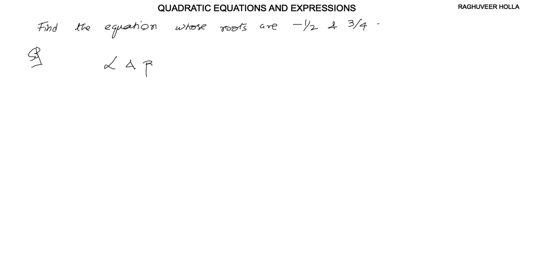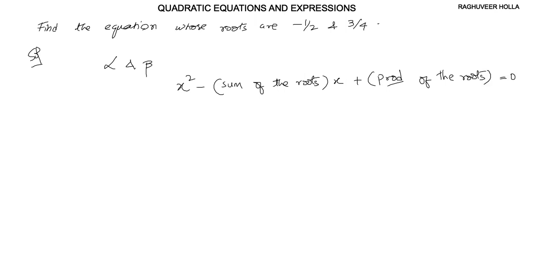Now, if we consider alpha and beta as the roots of the quadratic equation, then the quadratic equation is given by x squared minus the sum of the roots into x plus the product of the roots, which is equal to 0.